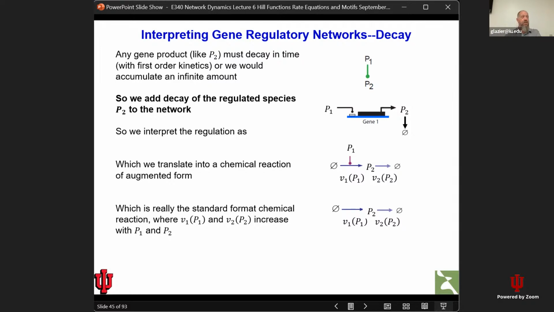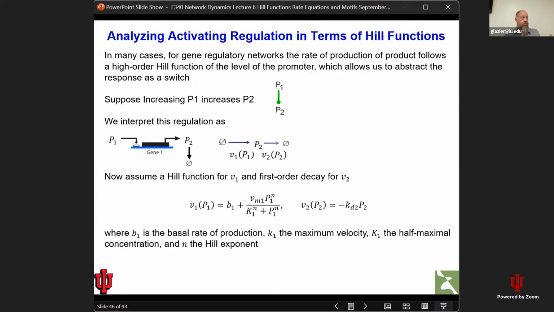And so when we see P1 promotes P2, and we want to interpret that as chemical reactions, we interpret that as nothing goes to P2, and P2 decays to nothing again. The rate of production of P2 is controlled by P1, and we have to write the rate law for the second term as well.